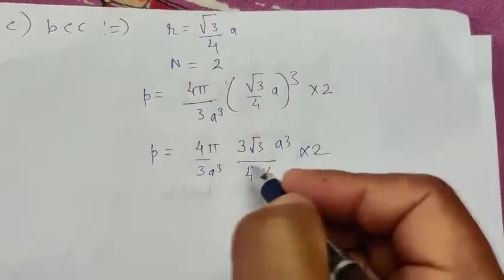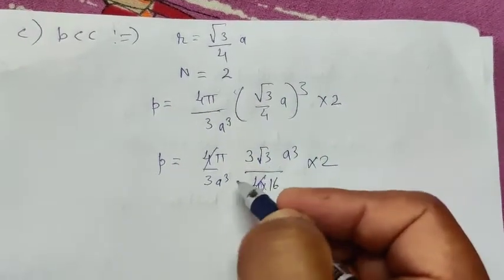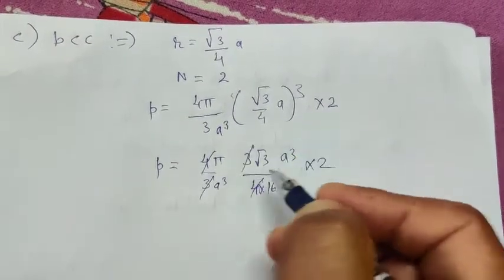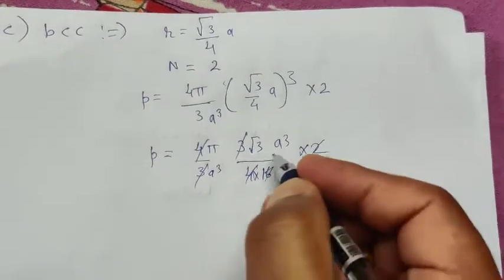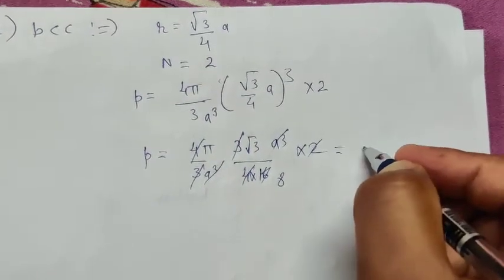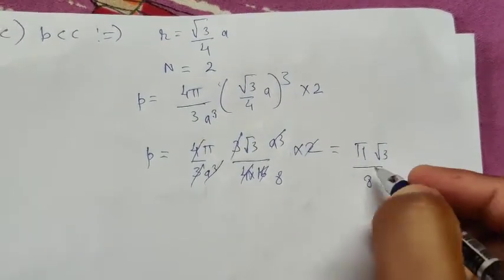So if we solve this, this will be 3, this will be 8, and this will also be cancelled, so this will be pi under root 3 upon 8.